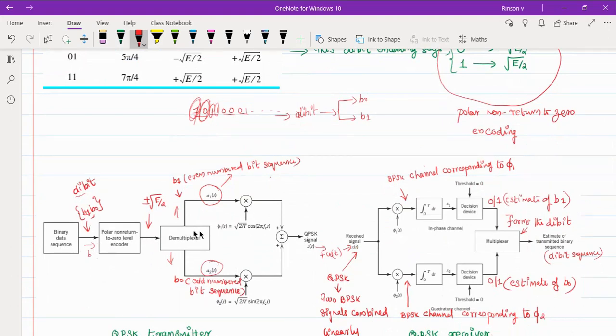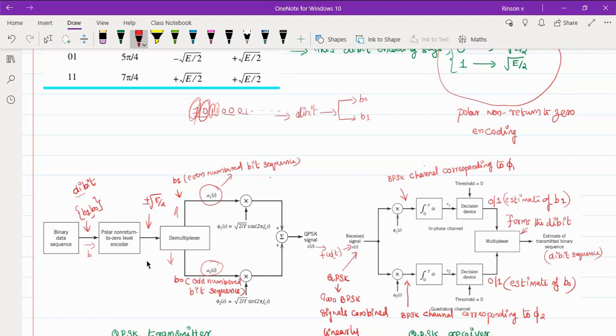And in the demultiplexer, you know what a demultiplexer is doing? It has one input and many outputs. It is simply doing a branching. So the B0 bit will be branched to this branch, and the B1 bit will be routed through this branch.